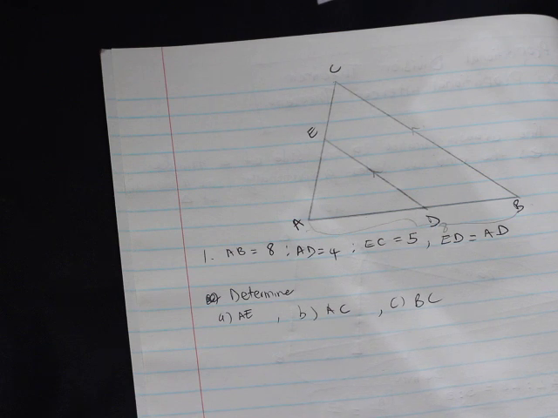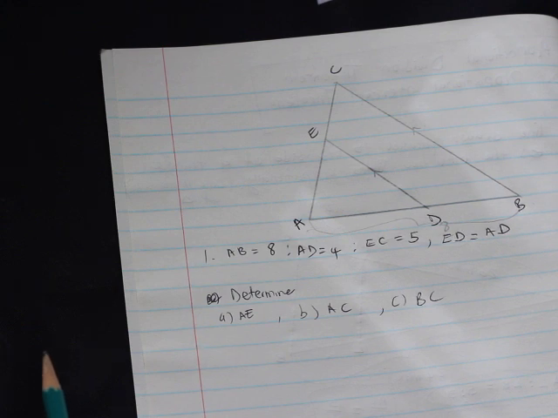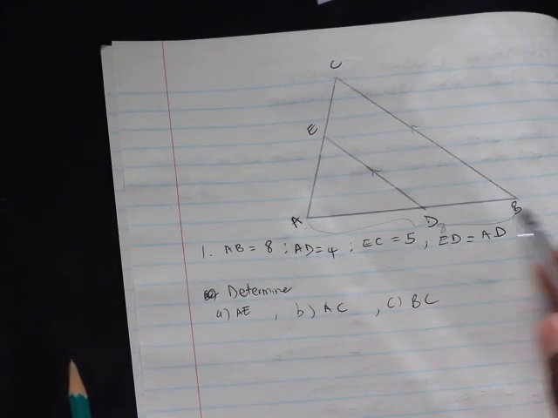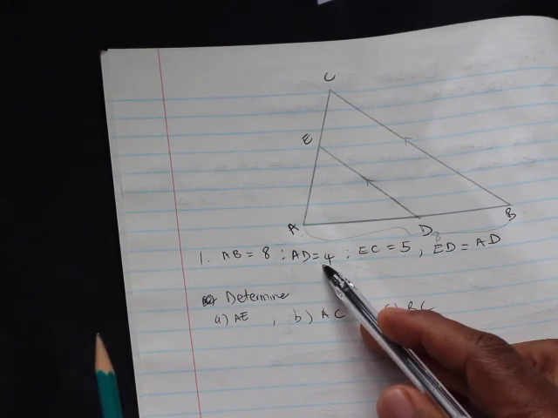Okay, so now look, we've been asked to find AE, but it's very important for us to start off by reading off the information that's given. So we know that AB is 8, that's fine. AD is 4.